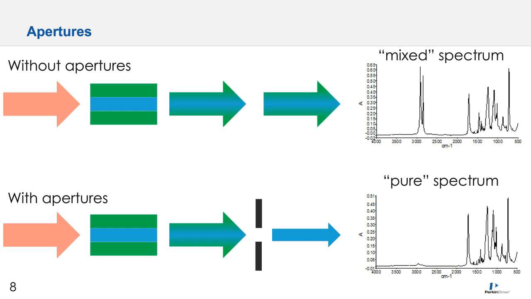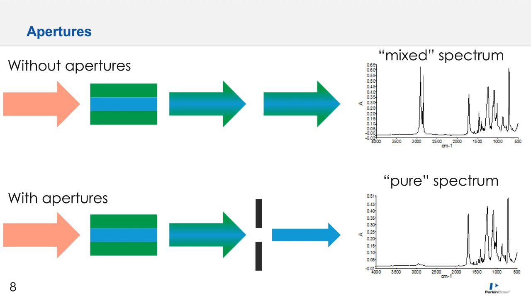So in the top example, the infrared light goes through this sample, in the analogy here being a 3-layer product, where we have 2 layers of polyethylene and 1 layer in the middle, which is polyethylene terephthalate. So as the infrared light goes through this sample, unrestricted, it can interact and be attenuated by each of those layers which is present in the sample.